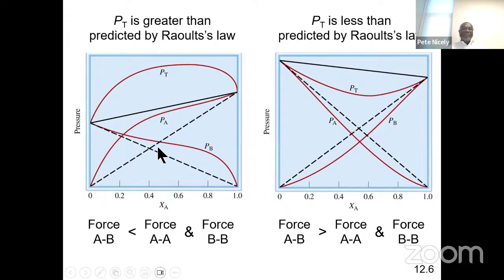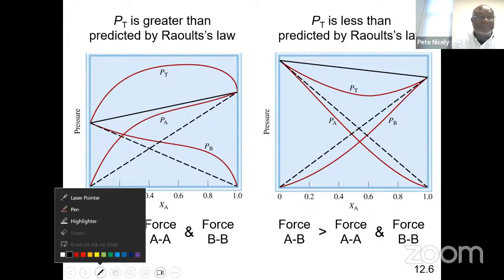So this line here represents the vapor pressure of the A component. This line here represents the vapor pressure of the B component. And this line here represents the total pressure. As you can see, it does not fall on the straight line that you see here. So therefore, this here is what we call a positive deviation. Let me write that down here.